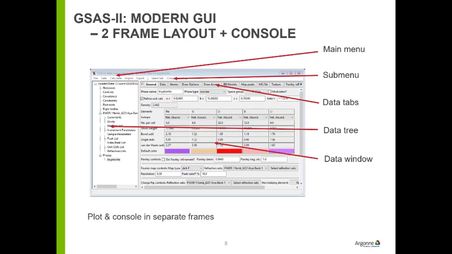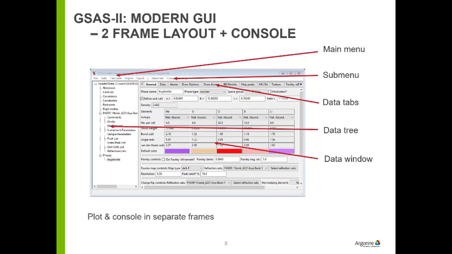The features of it are that there is a main menu, which appears on this side of this little line. On a Macintosh, it's up on the main window for the whole thing; this is for Windows and for some flavors of Linux. The main menu has things like file, data.